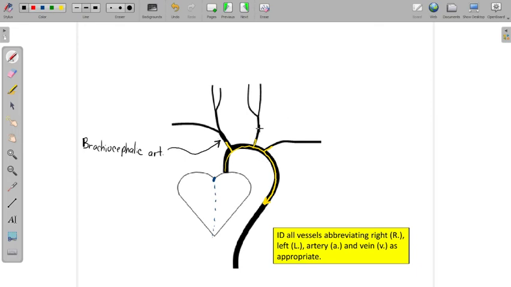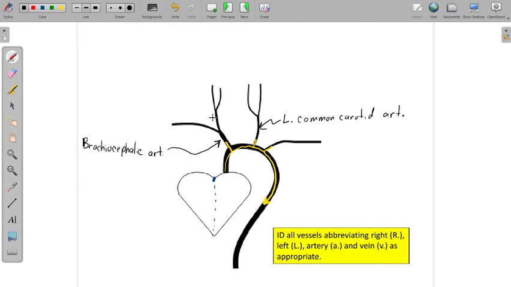The second branch is the left common carotid artery. And where would the right common carotid artery be?